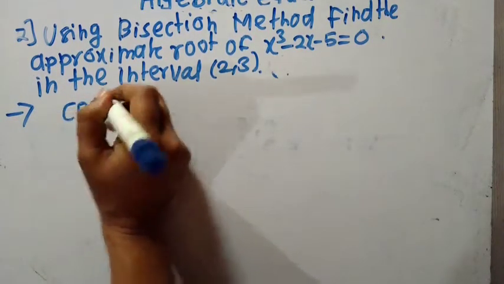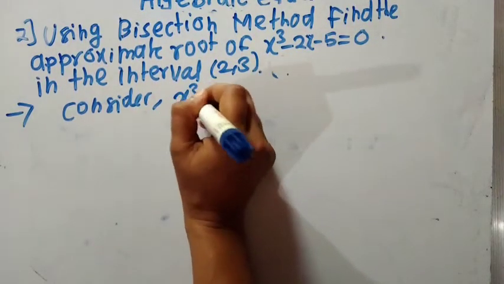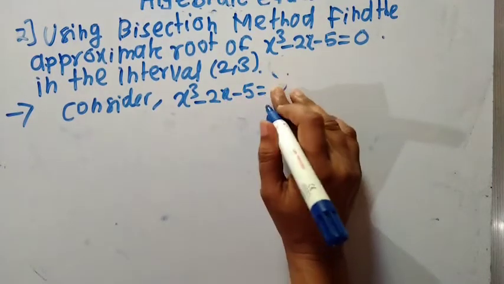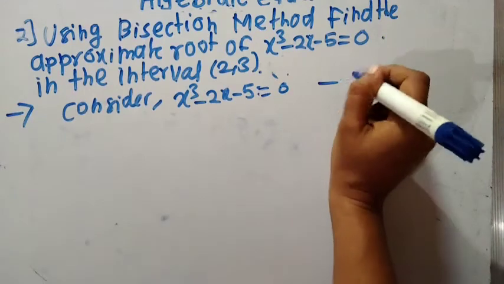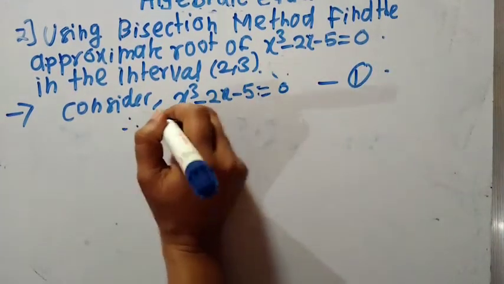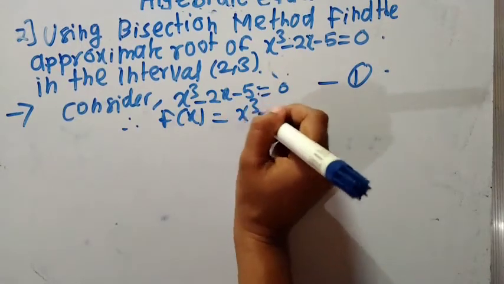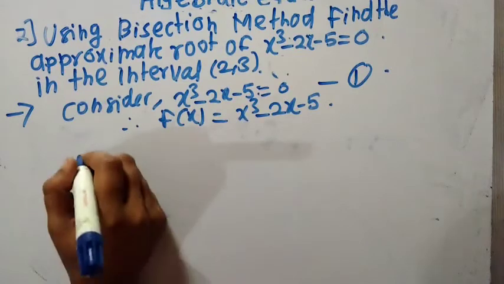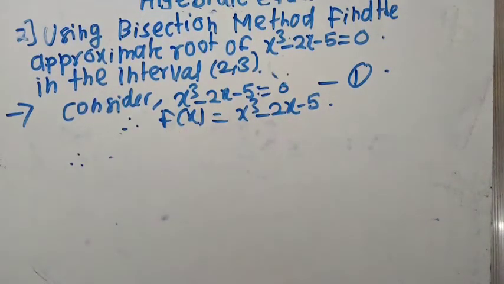Then consider first x cube minus 2x minus 5 is equal to 0. It is first equation, hence f of x is equal to x cube minus 2x minus 5, and interval is 2, 3.